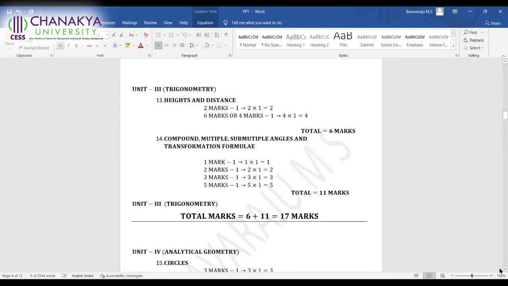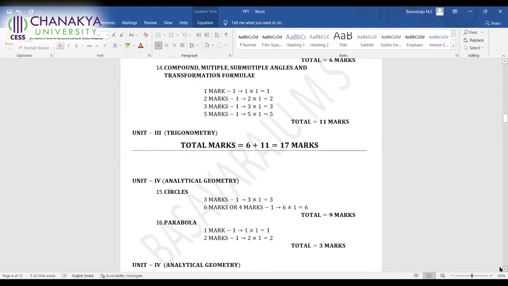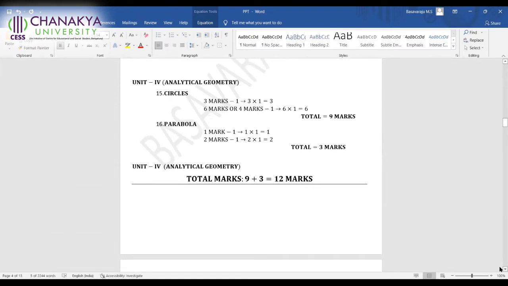Finally, in analytical geometry, again, you will have 2 chapters. One is circles, another one is parabola. In this, you can expect 1 6 marker problem. Hope you know what type of question they may ask in the 6 marker, like proving the given points are concyclic, or they will give a few points and ask us to verify whether the given points are concyclic or not, or they may give 3 points and ask us to find the equation of a circle.